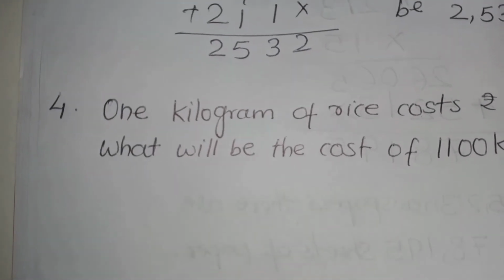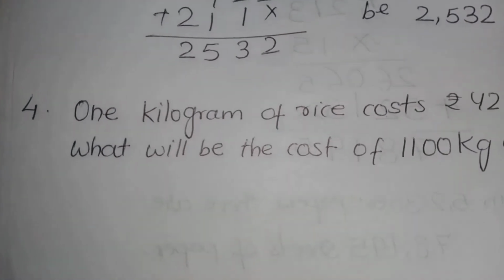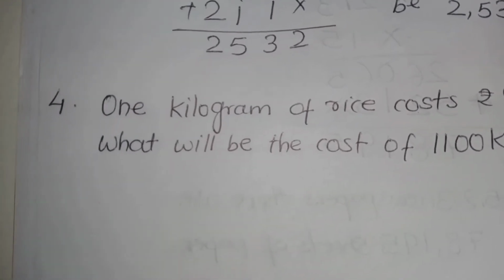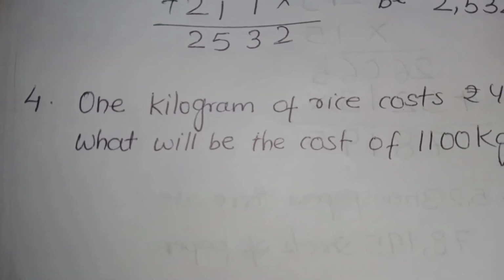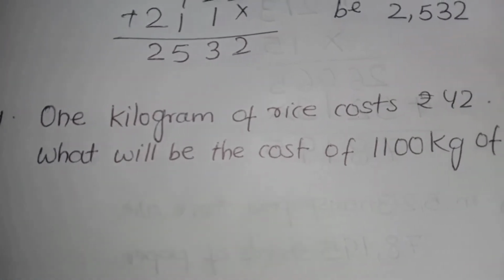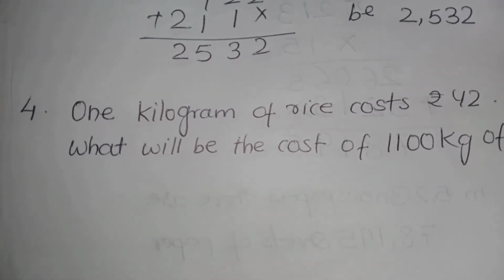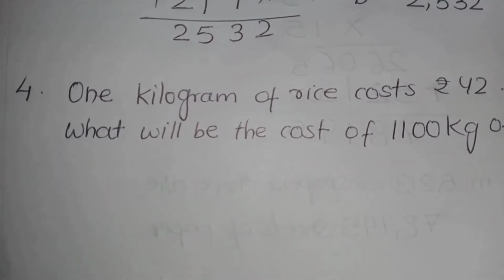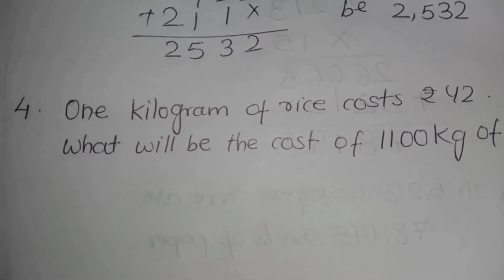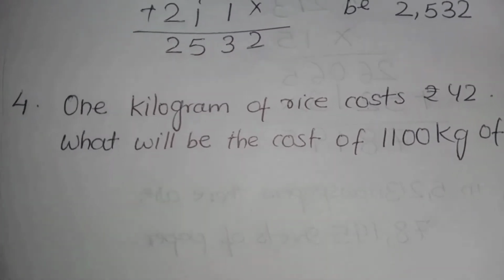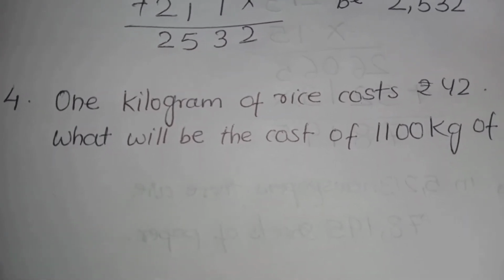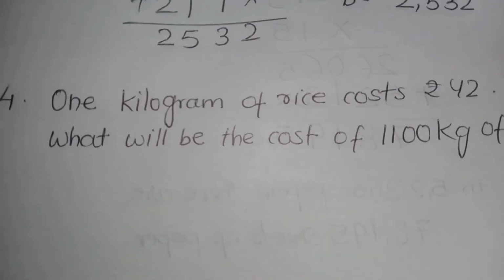The cost of 1 kg rice is rupees 42. And then what will be the cost of 1100 kg of rice? So what you have to do? In this case also we have to multiply, because they have given the cost of 1 kg of rice, and we have to find the cost of 1100 kg of rice.